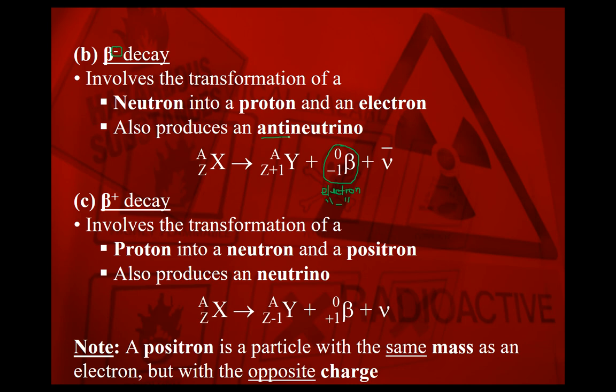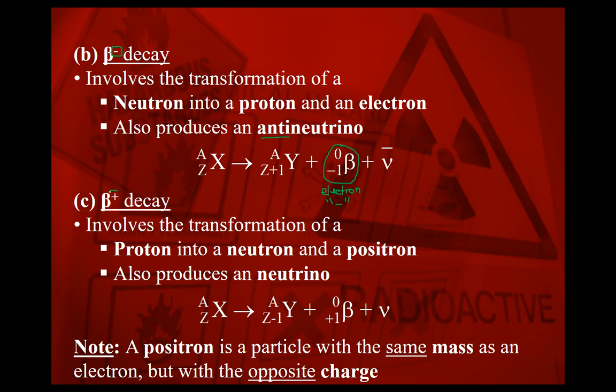I'm getting the antineutrino. I would associate the antineutrino as being the opposite of the regular one. Maybe I associate the regular one with being positive, whereas the opposite is negative. So the antineutrino is associated with beta negative decay.